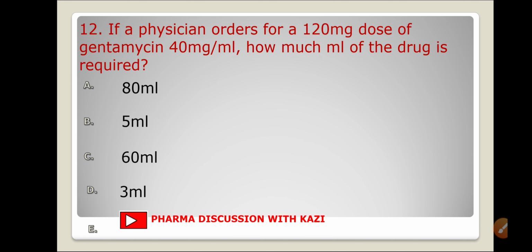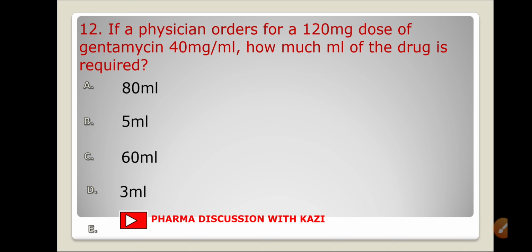Next question. If a physician orders a 120 mg dose of gentamicin, 40 mg per ml, how many ml of the drug is required? The options are 80 ml, 5 ml, 60 ml, 3 ml. In this problem, we find that 1 ml contains 40 mg.